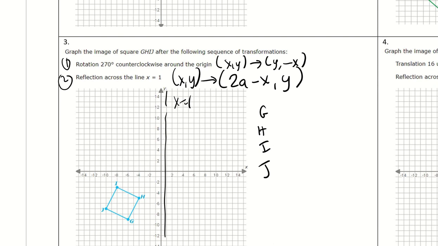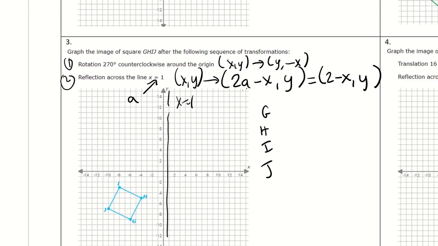In this case, a is equal to 1 because the line is x equals 1. So the rule is going to be 2 times 1, which is 2. So it's going to be 2 minus x, comma, y. That's the transformation rule for reflection across the line x equals 1.